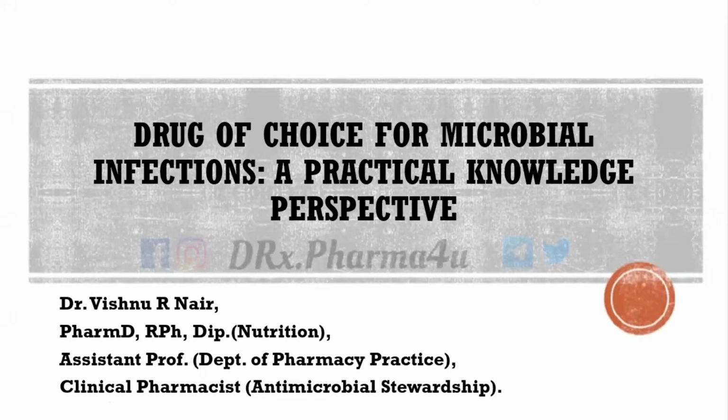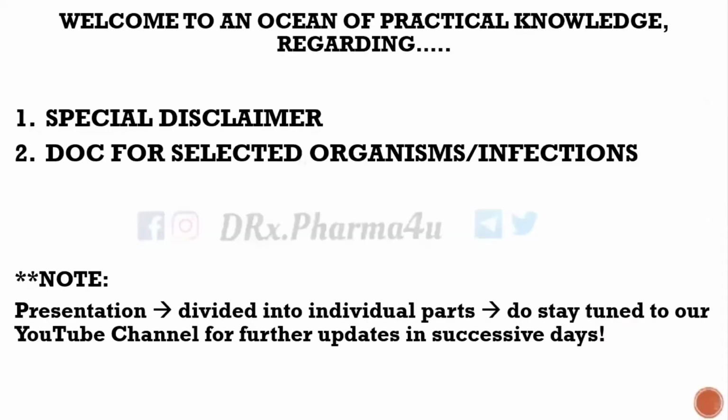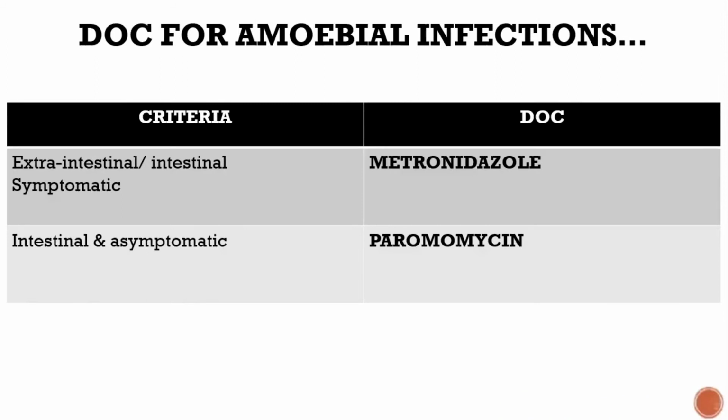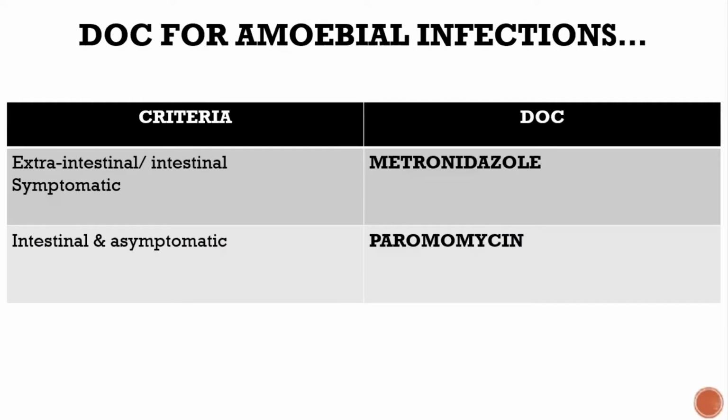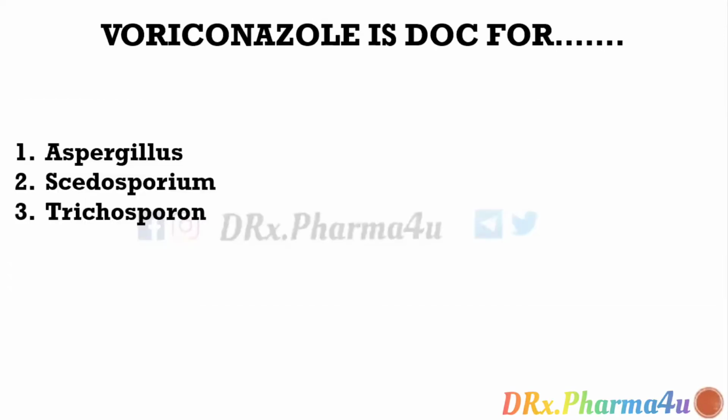So today we will talk about antimicrobials of choice for selected infections, or if it is a particular antimicrobial, in which all conditions it is the drug of choice. We already talked about penicillin G, in which condition it's the drug of choice. We talked about amoebial infections. We talked about voriconazole.